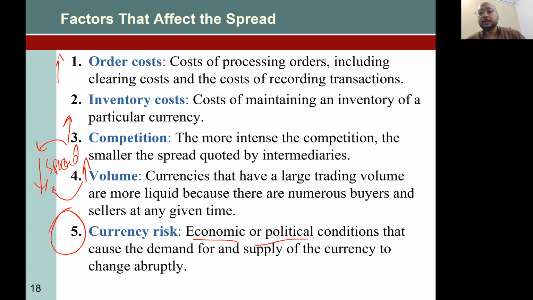Your order costs start rising, your inventory costs start rising, there is less competition, and volume decreases. There are fewer people to buy that currency, so the spread increases. So only two things, competition and trade volume between the currencies: if they increase, the spread goes down.